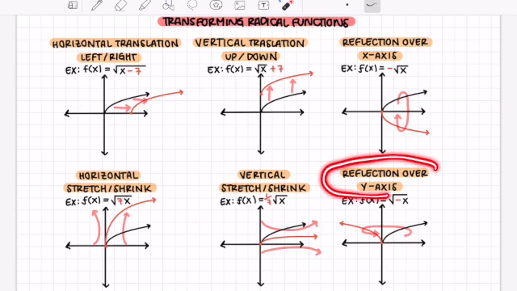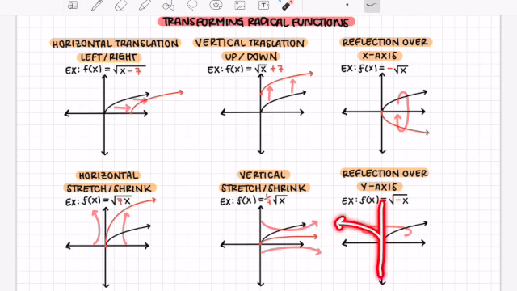Reflection over your y-axis is when the negative sign is going to be inside of your radical, reflecting on your y-axis this time. Vertical stretch or shrink: anything vertical is always going to be on the outside of your radical, multiplying with your square root or cubic root.